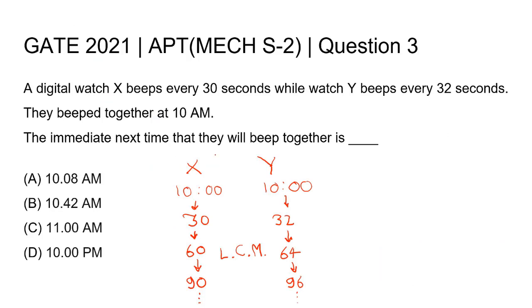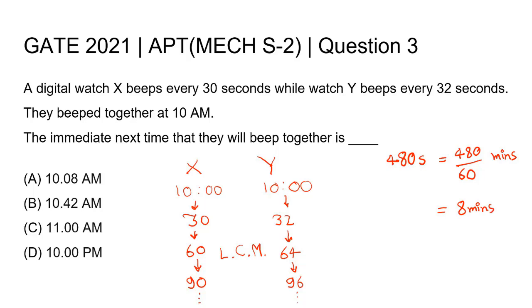So the immediate next time that X and Y will beep together is 480 seconds after 10 am. Options are given in the hour-minute form, so let's convert 480 seconds into minutes. 480 seconds is equal to 480 divided by 60 minutes, which is 8 minutes.